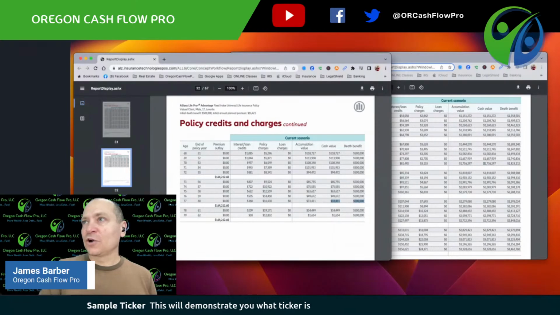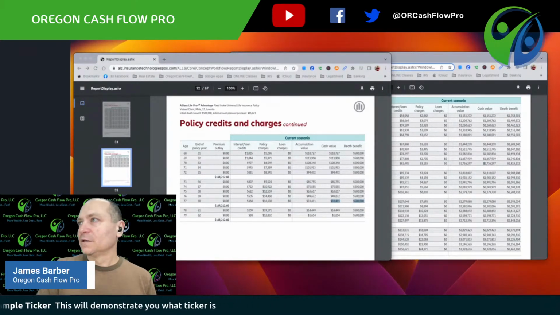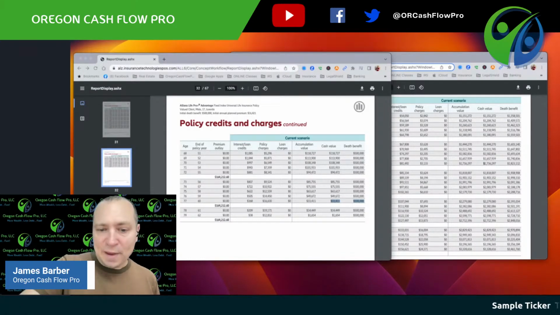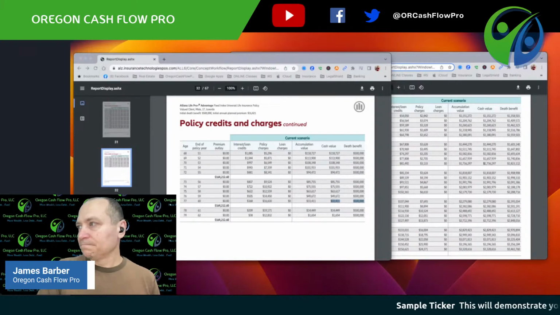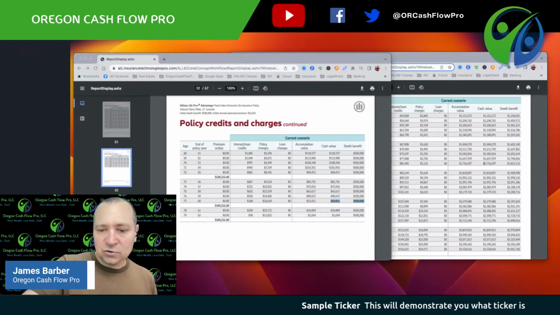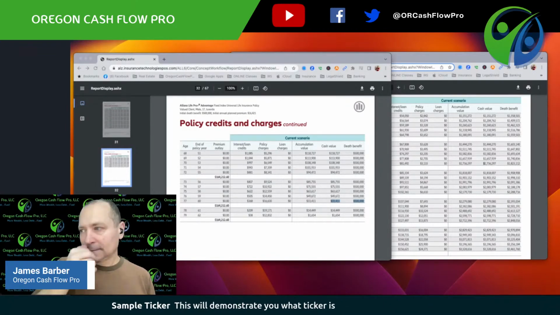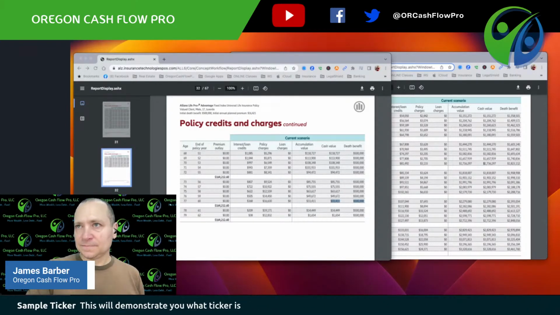Watch what happens. We're going to go back to the 0% return, because if you actually got a 0% return, you may not want to keep that much death benefit. So when will you do the reduction in death benefit? We're going to do that reduction as soon as possible.